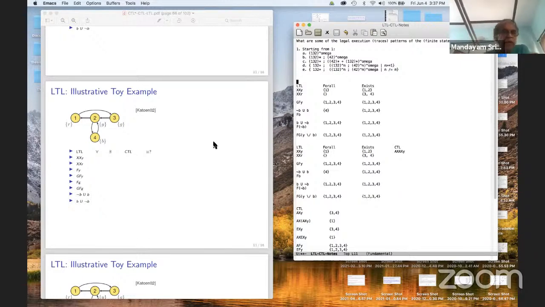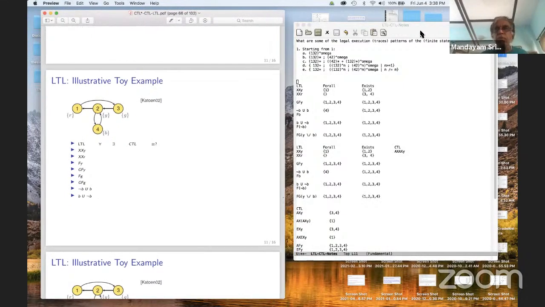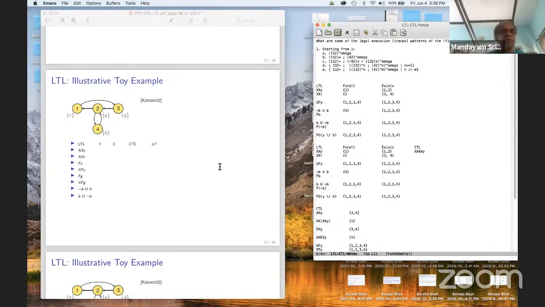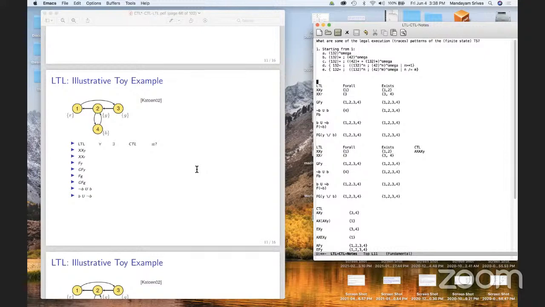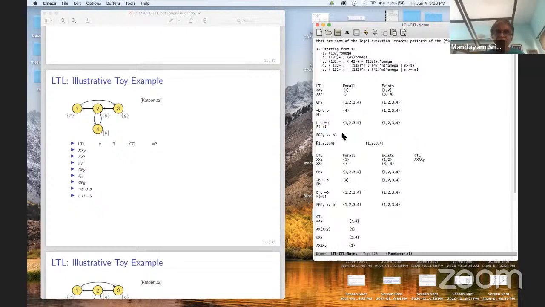Since I want to see both, I'm going to put them side by side, and I hope this is big enough for you. Is that okay? Yes, sir. So this is the only one that I want to hide. You already saw it here. That's okay.